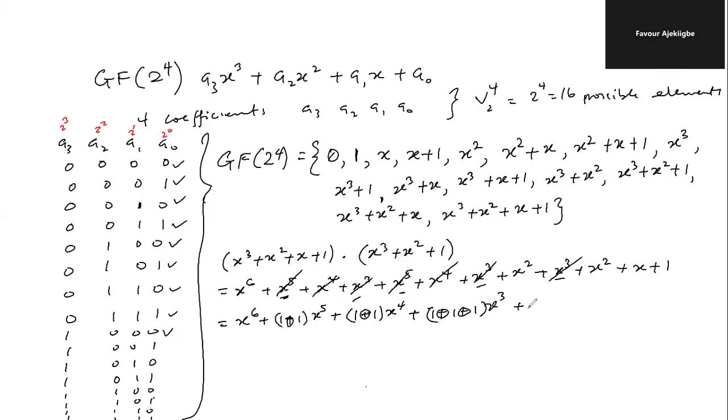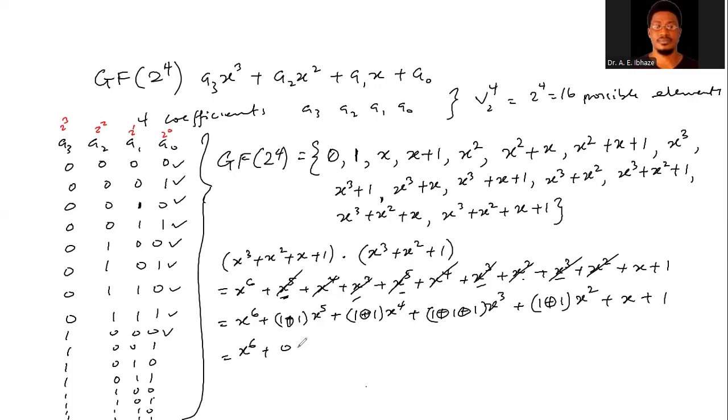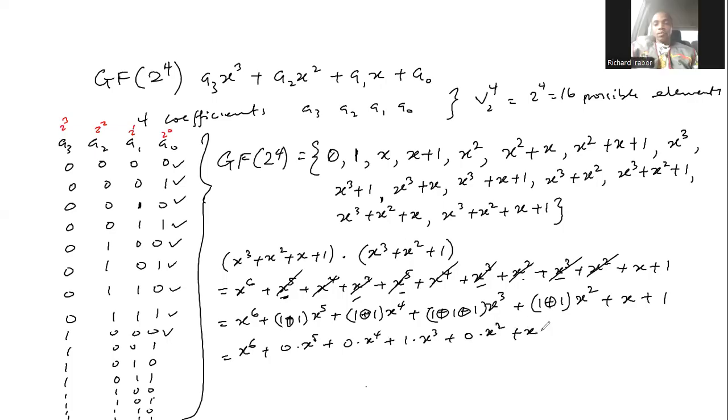Then plus x squared. We have 2 of it. 1 plus 1, x squared. That's this. Then plus x, 1. Now, this 1 plus 1 is 0, so it means we have x to the 6 plus 0 times x to the 5 plus 0 times x to the 4 plus 1 plus 1, 0 plus 1, 1 times x cubed plus 0 times x squared plus x plus 1.